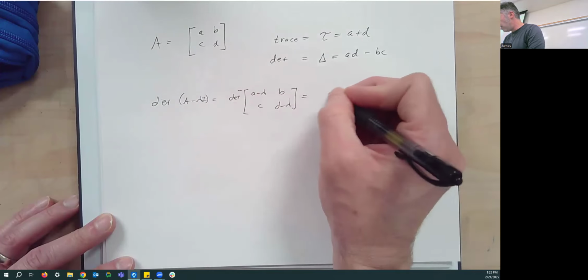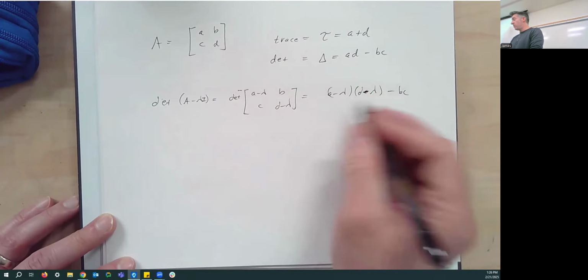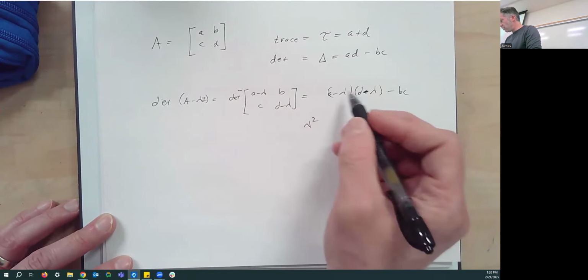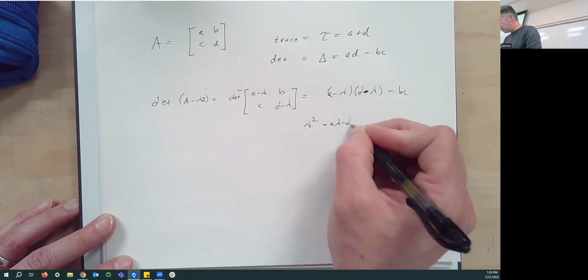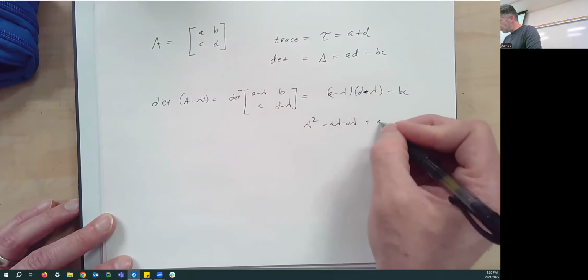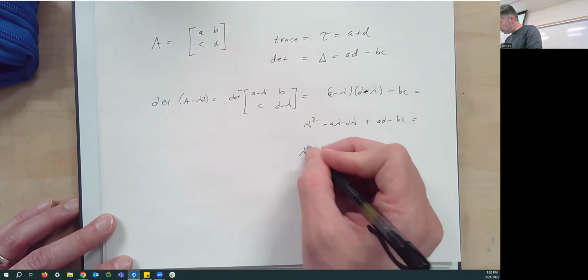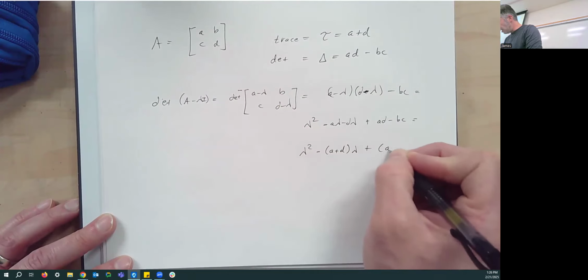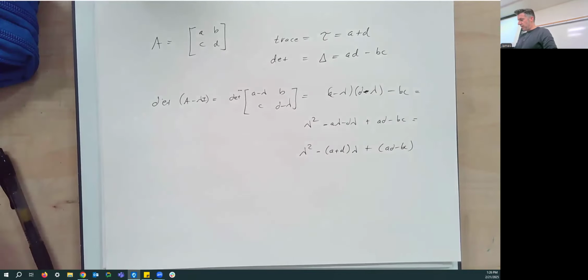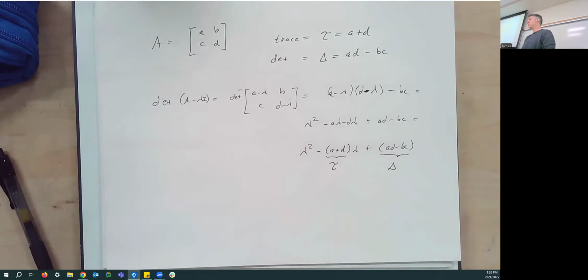If you multiply this out, you get A minus lambda times D minus lambda minus B times C. If you simplify this, you get lambda squared minus A lambda minus D lambda plus A times D minus B times C. Rewriting this, it's lambda squared minus A plus D times lambda plus AD minus BC. Oh, look, it's exactly lambda squared minus the trace times lambda plus the determinant. Always, every time. It's kind of neat.